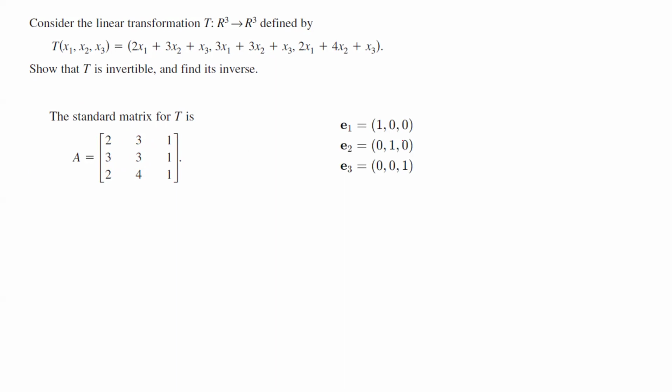Take a look at your standard vectors: E1, which is 1, 0, 0, E2, which is 0, 1, 0, and E3, which is 0, 0, 1. T of E1 is equal to, so wherever you see x1, you're going to plug in 1. Wherever you see x2, you're going to plug in 0. And wherever you see x3, you're going to plug in 0 as well.